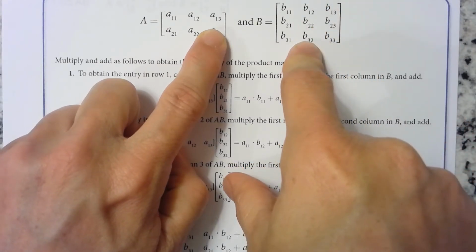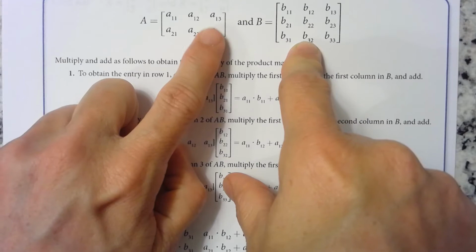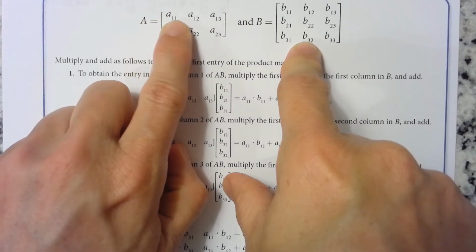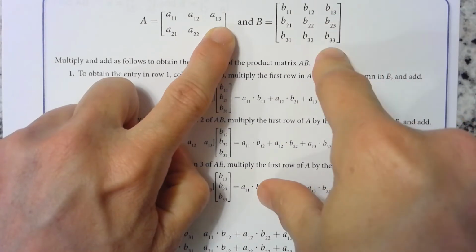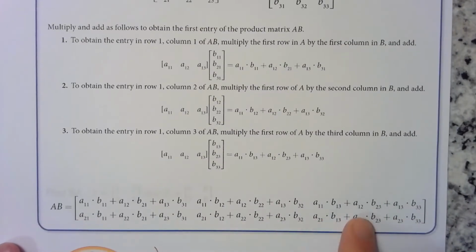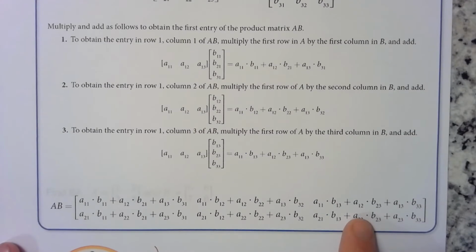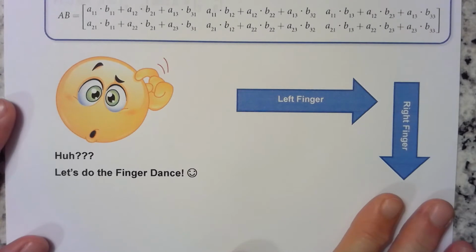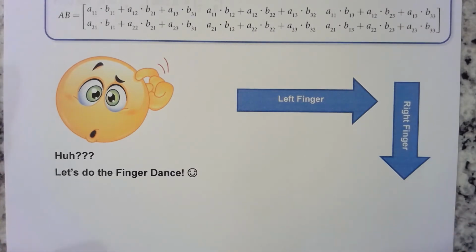To get the element in row 1, column 3, you multiply row 1 times column 3. That's how you get all of this information at the bottom. I know this seems really strange, which is why this is in your notes. Like, what in the world?